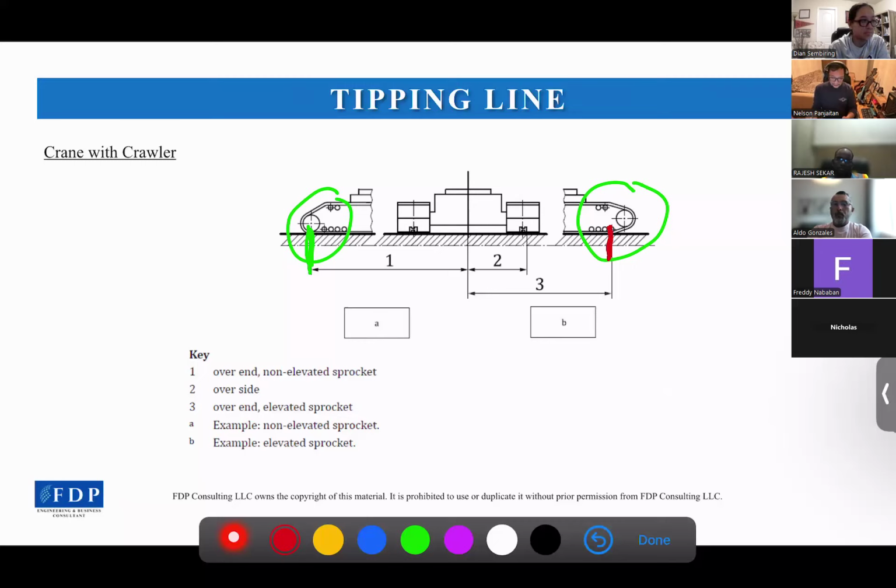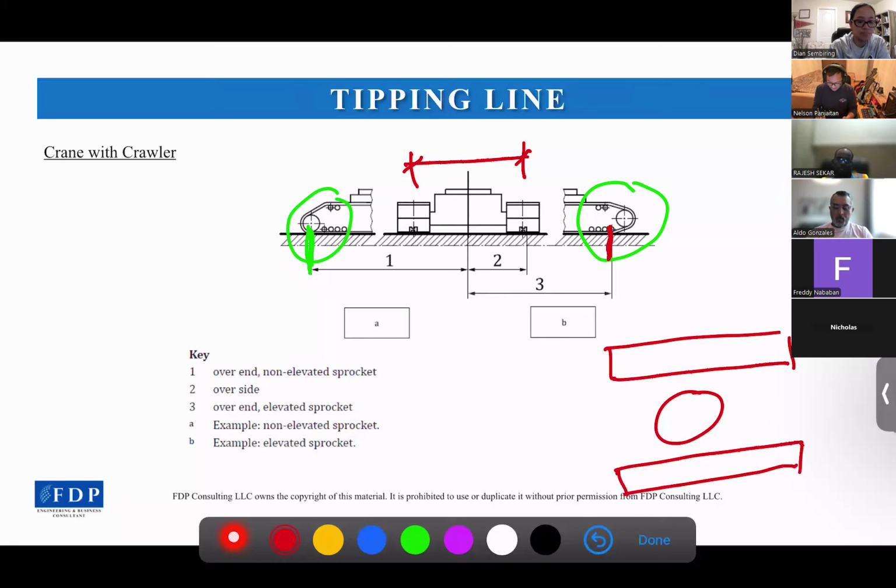And for the transversal tipping line, we could take it based on the center to center of the tracks here. And then we continue to draw the tipping line, same as the crane outriggers, for example, like this. Then the tipping line will be at the center of the track here, and then connecting to here.